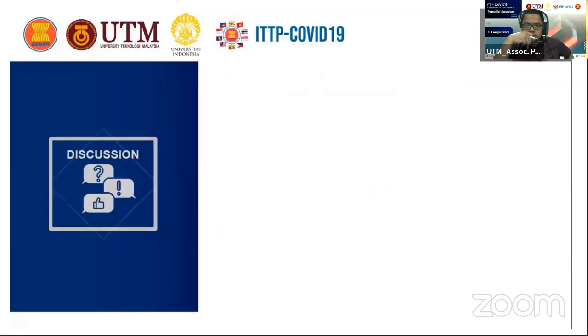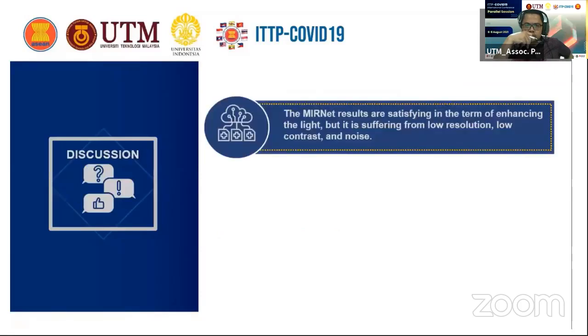To discuss this result, first, the MIRNet method that was used to enhance the low light image gives results that are satisfying in terms of enhancing the light, but it suffers from low resolution, low contrast, and noise. That's why we enter the results of this model into other phases of enhancement.